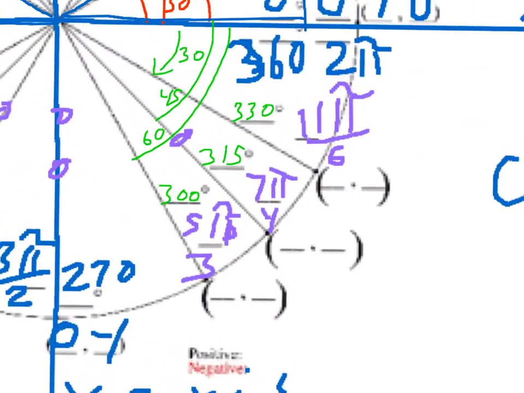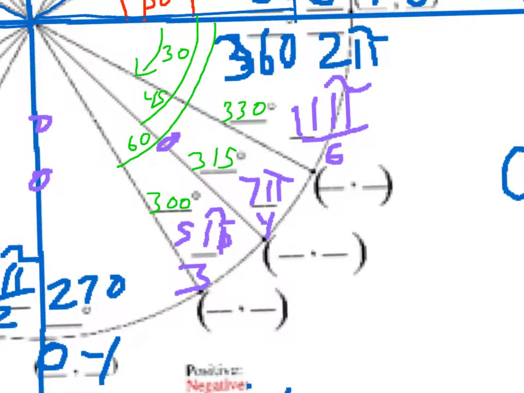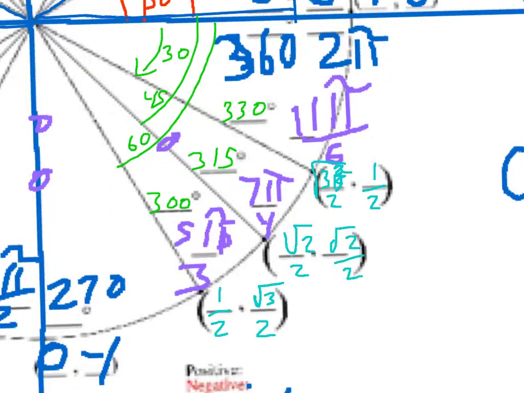So this one right here is going to be square root of 3 over 2. Sorry, this one's going to be 1/2, square root of 3 over 2. And these other two are going to be the square root of 2 over 2, square root of 2 over 2. Okay.